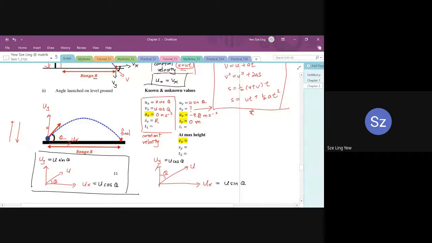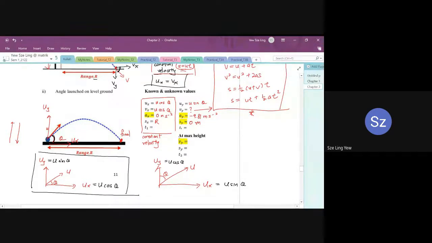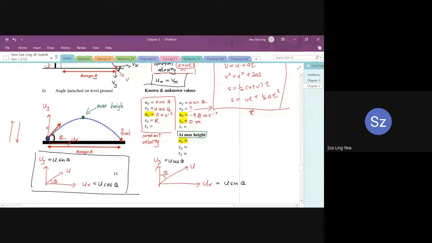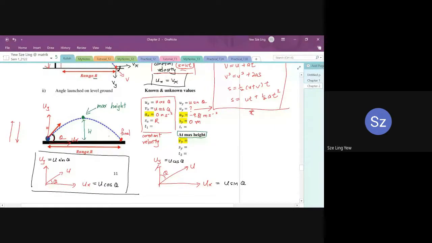Now, another case that the questions lay out for us is what happens at maximum height. Assume your object is here. This is your maximum height, so this would be the height, h.